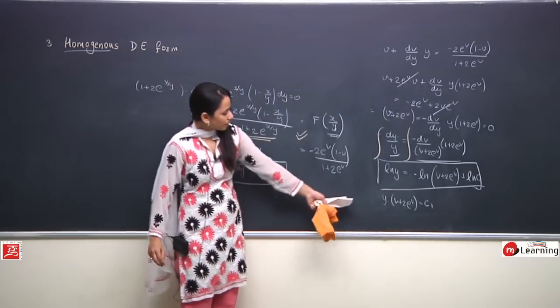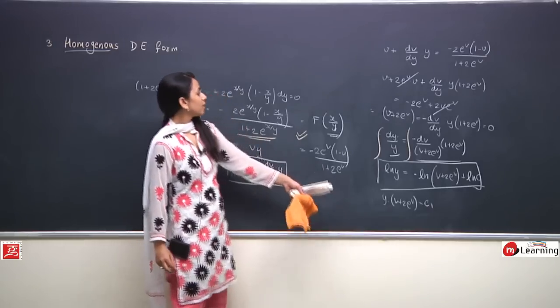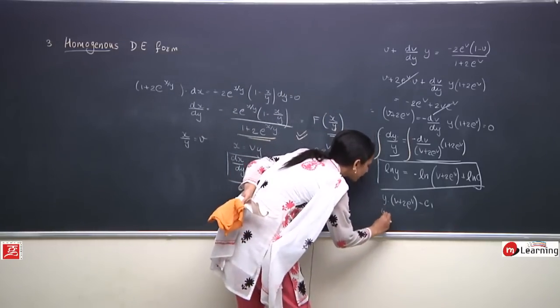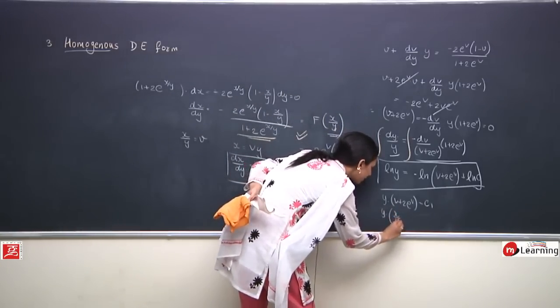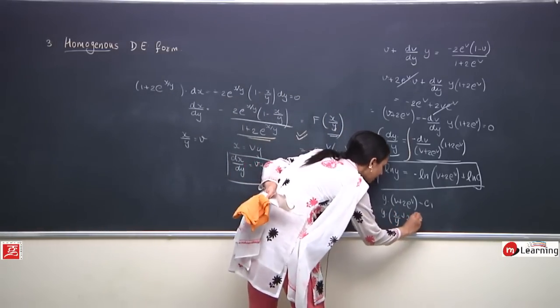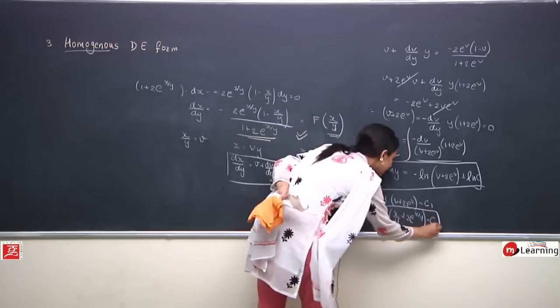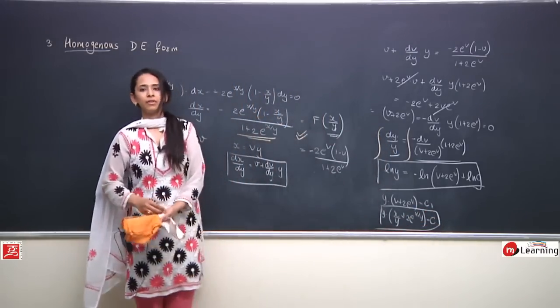Perfect. Now v की जगह पे हम क्या रखेंगे? v was equals to x upon y. So I'll write y into x upon y plus 2 e to the power x upon y is equals to some constant c, and this is the solution of our differential equation.